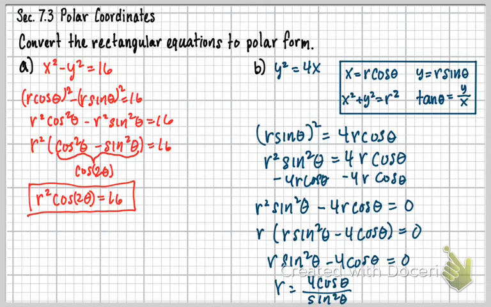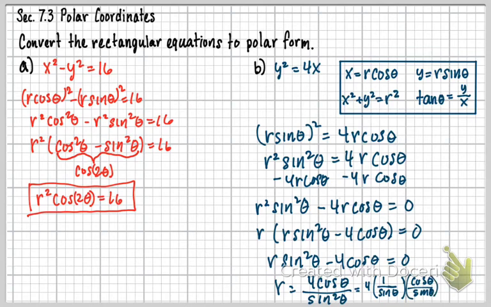I could break this down a little more, not much more. I could call this 4 over here, and then I can call this 1 over sine of theta times cosine of theta over sine of theta.